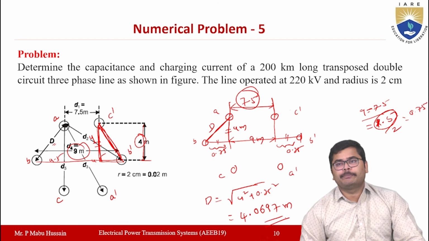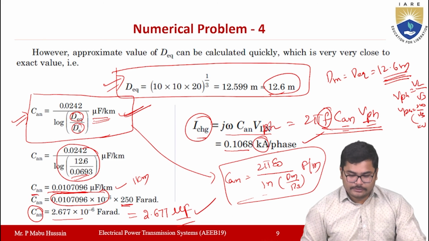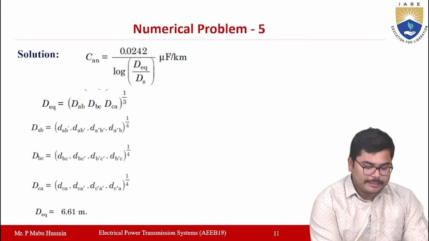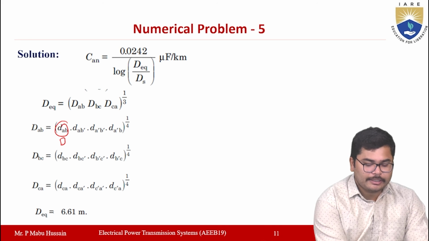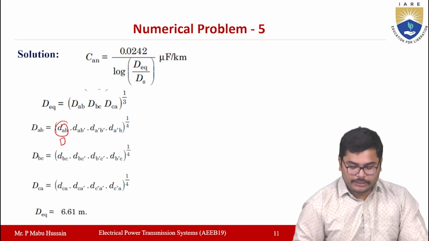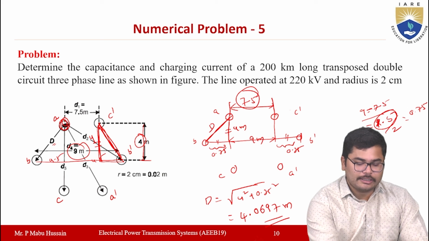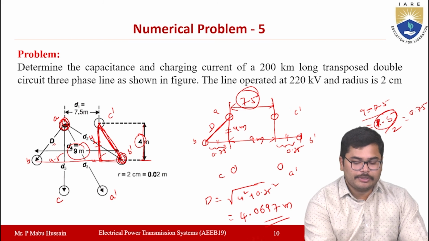Here the value of DAB: this distance is nothing but capital D, and then D A to B dash. A to B dash here is A here, and B dash here.